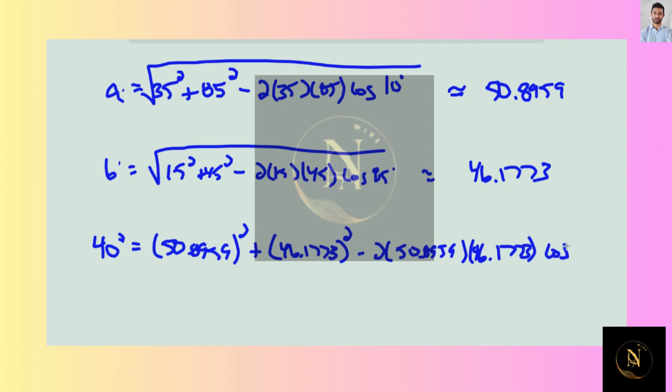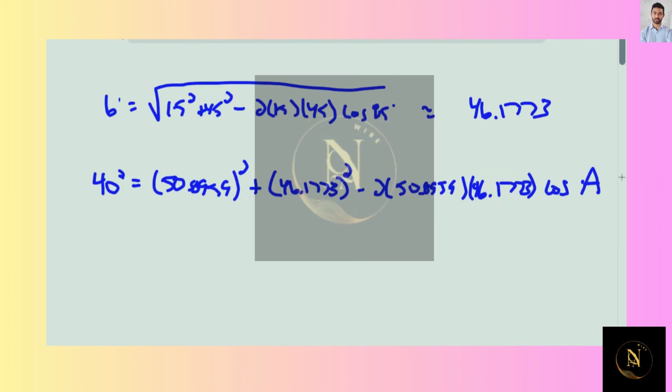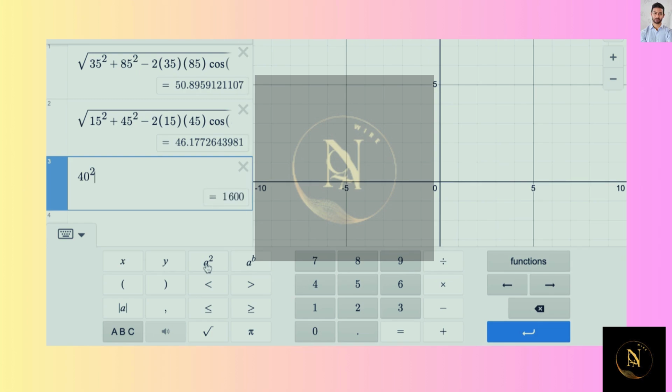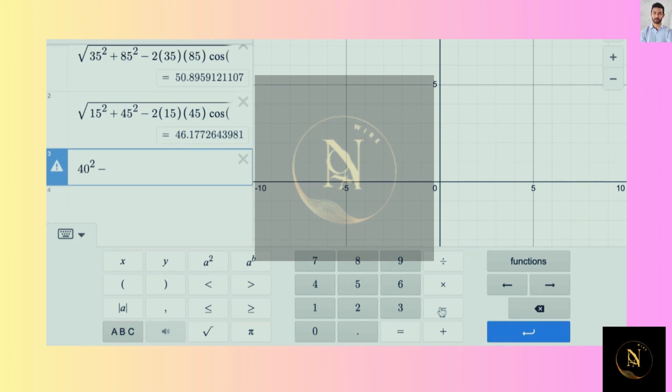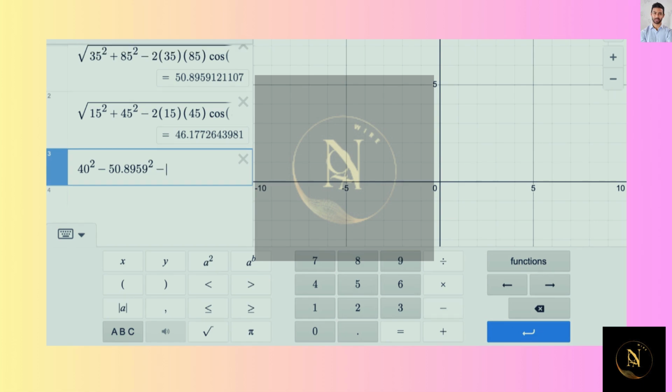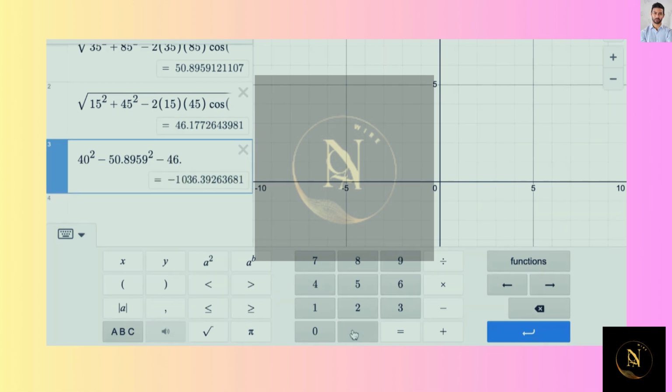And I'm just going to call this cosine of A. So we're going to subtract, from 40 squared, 50.8959 squared and 46.1773 squared.